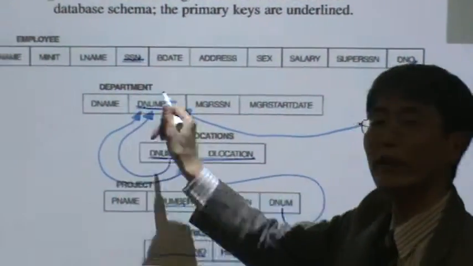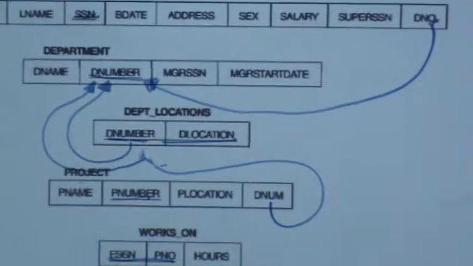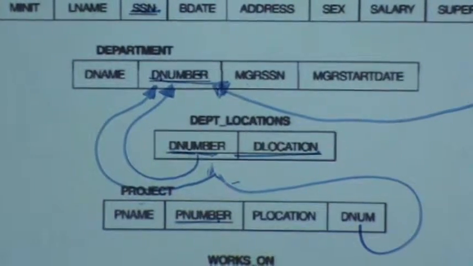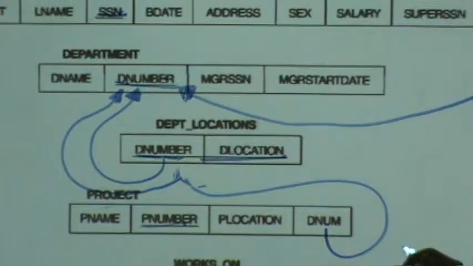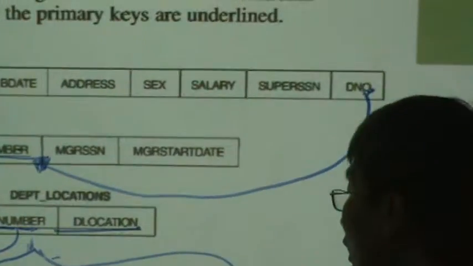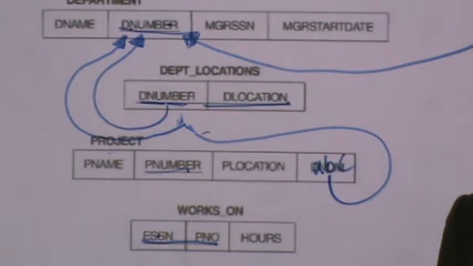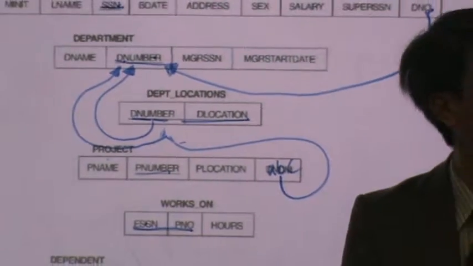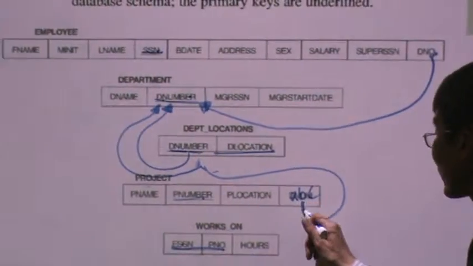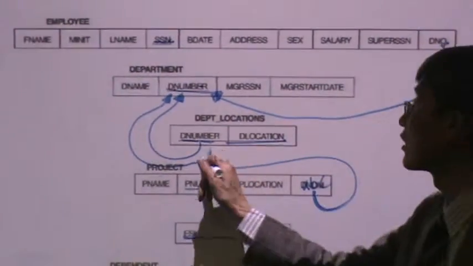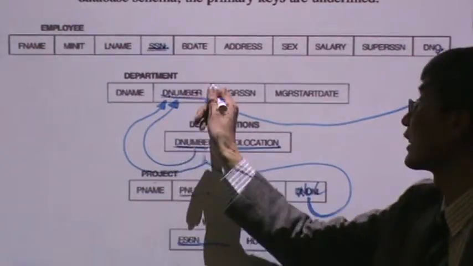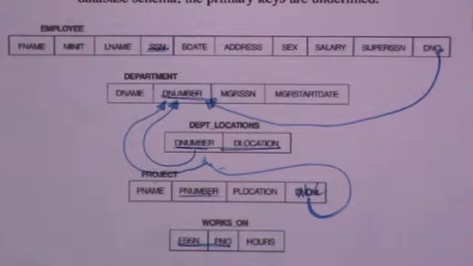You should be careful with the name of the attribute. It can be A, B, C. Actually, it's okay. It is not recommended, but it's okay if you want to name it A, B, C. But in terms of context, here is the referencing D number in department.